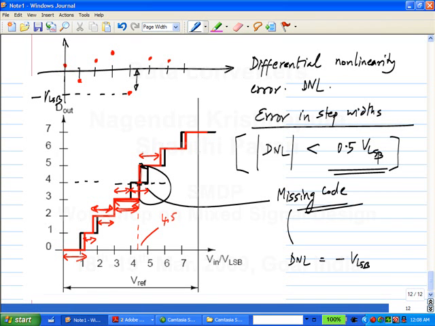Okay. So this is the differential nonlinearity error.